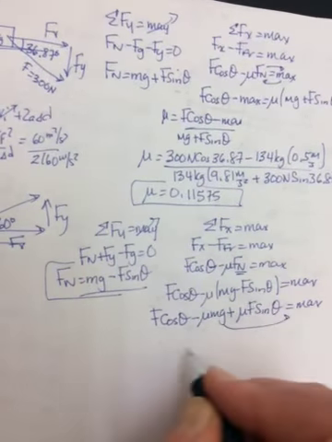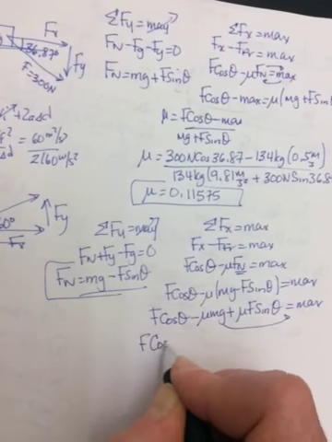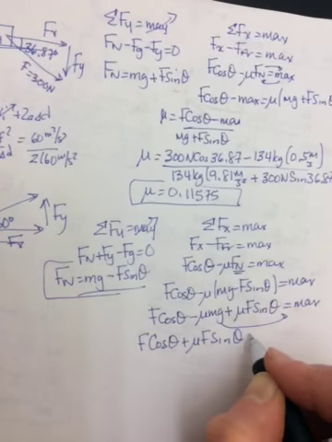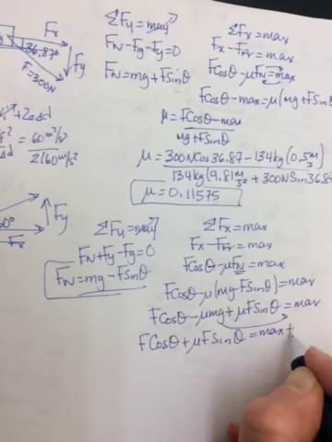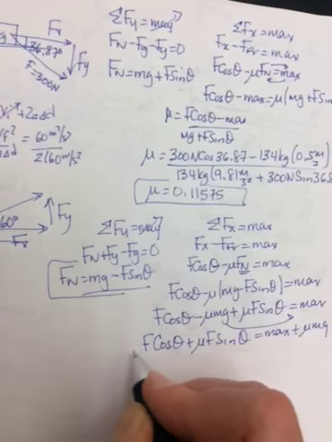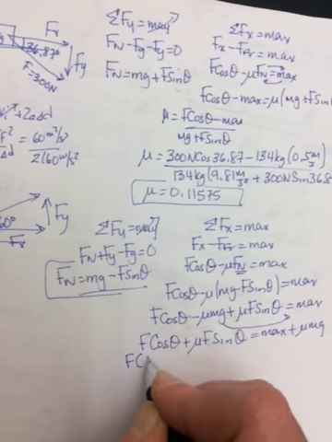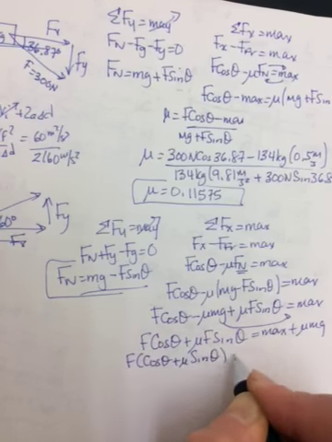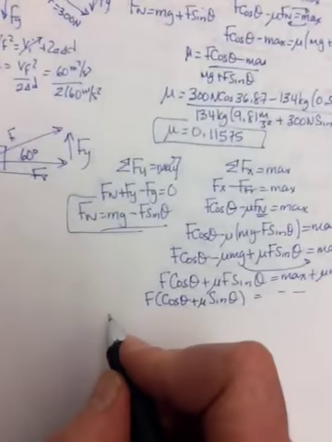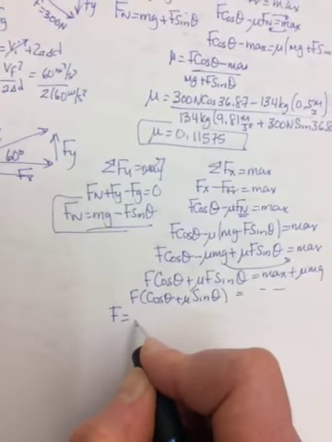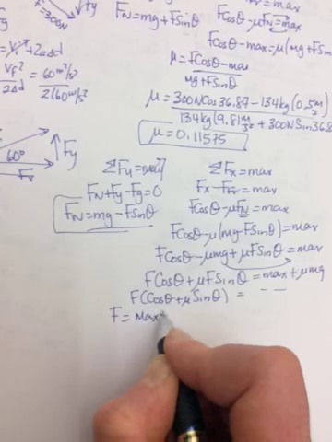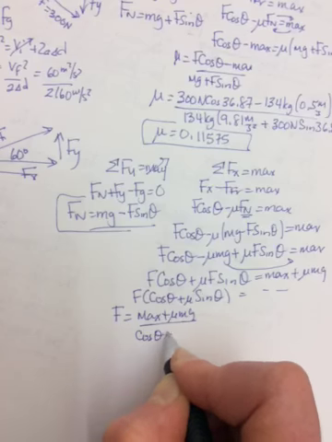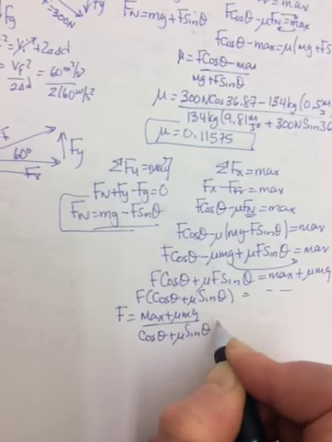You're solving for F, so bring your mu mg over. So F cos theta plus mu F sine theta will equal m a_x plus mu mg. And now factor your F out: cos theta plus mu sine theta. This side stays the same. Divide by the bracket. So F equals m a_x plus mu mg over cos theta plus mu sine theta. And now fill in your values.